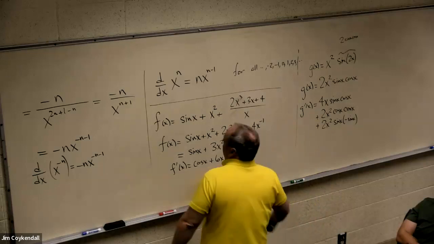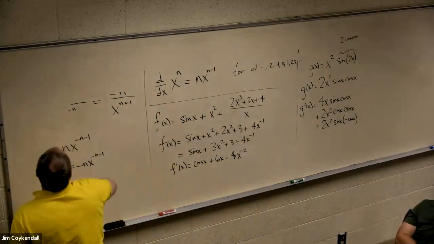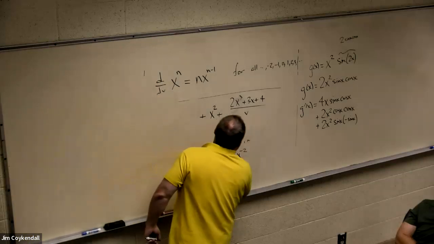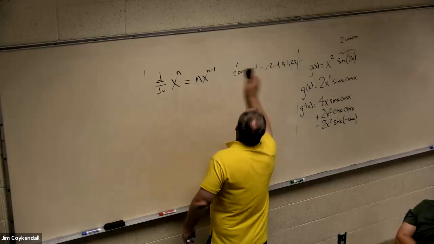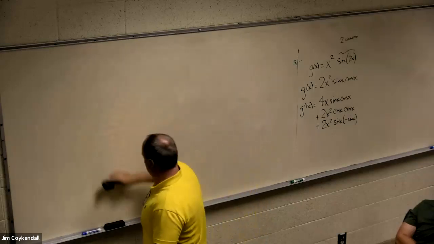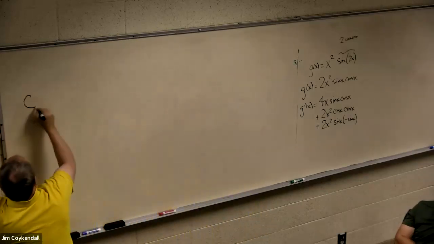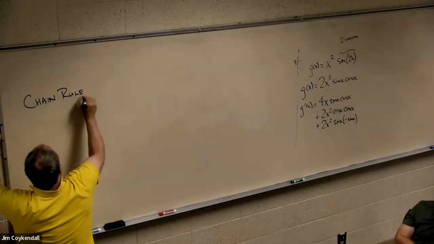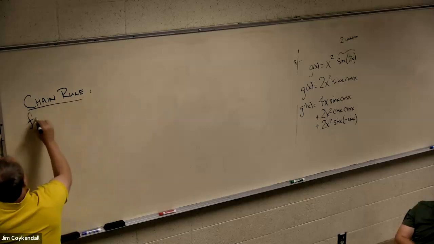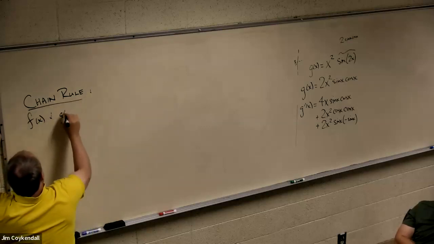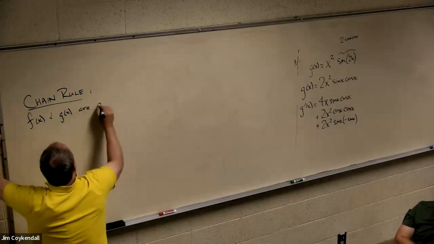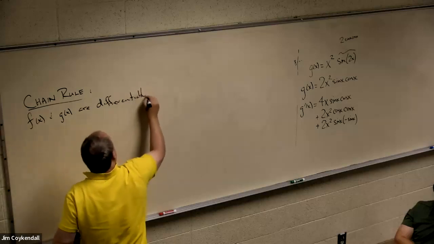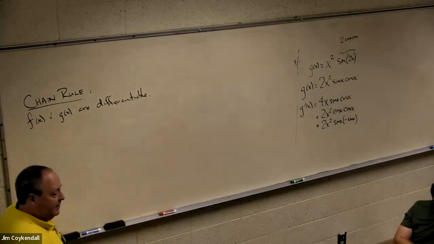There's another way to handle this problem, and that brings us to what was brought up earlier by both of you, and that is the chain rule. If f of x and g of x are differentiable, again, this only means that I can take the derivative of it.